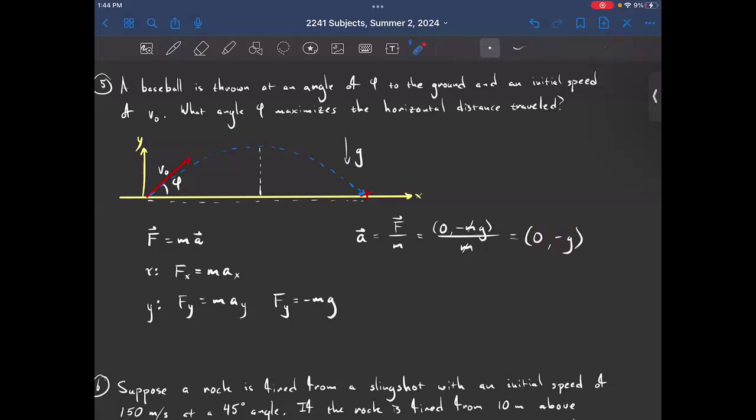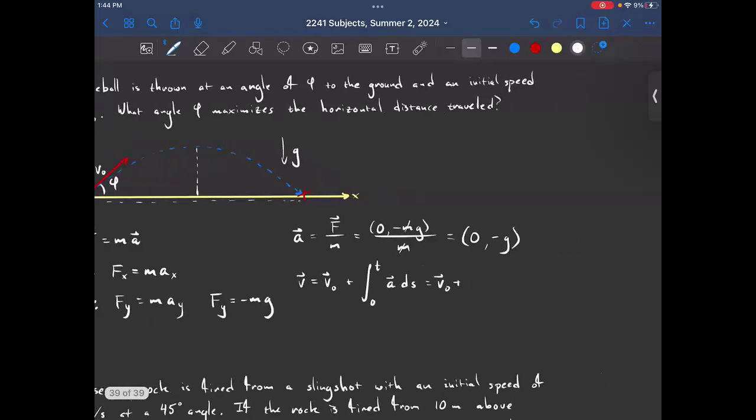All right, well, how do I get my position vector? I integrate. So my velocity vector is going to be initial velocity plus the integral from 0 to t of a ds. So if we plug things in here, well, v0 is some vector.